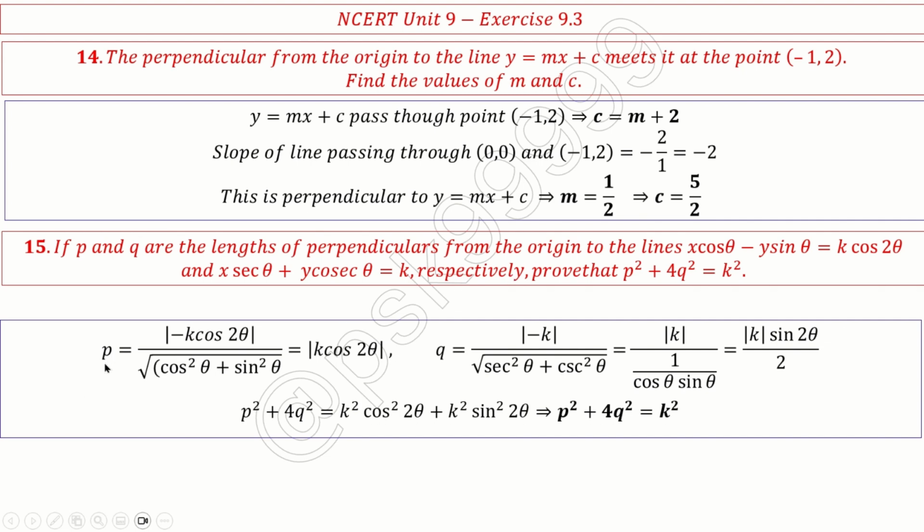So if I substitute the length equation, p is equal to absolute minus k cos 2 theta divided by square root of cos square theta plus sin square theta. So this is the value, k cos 2 theta, and q is nothing but absolute k sin 2 theta divided by 2. Okay. Now p square plus 4q square is nothing but this value. Okay. So if I take k square common, it's nothing but cos square 2 theta plus sin square 2 theta, which is 1. So p square plus 4q square equal to k square.